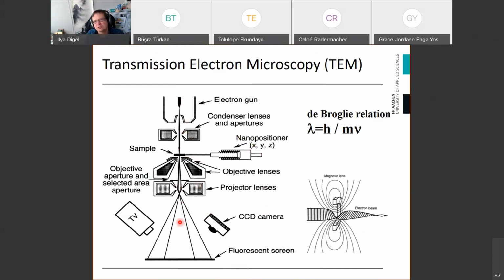Then it goes through your sample, which is situated here, and later it will produce an image which can be recorded using, for example, a CCD camera or whatever. This is the standard idea about how electron microscopy works.